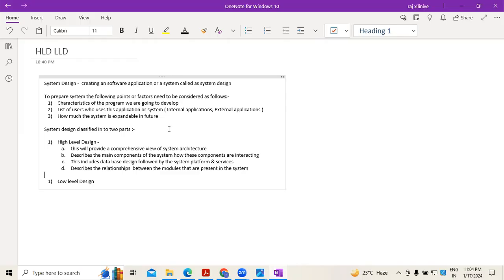Point number one. Second, the other reason for high level design is the cost of the project, because it depends on the complexity and the risk involved in the project we are developing. There is a complexity that depends on the domain and the application.